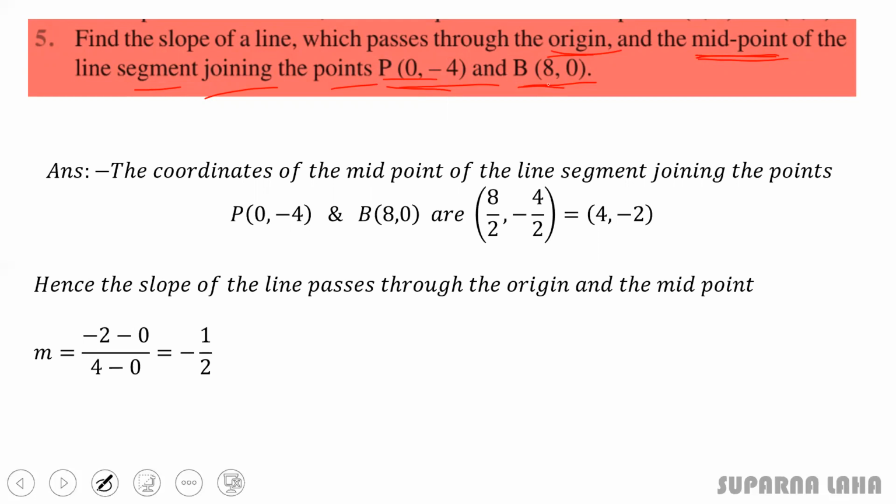So apply the formula: minus 2 minus 0 over 4 minus 0. So that will be minus 1 by 2. So this is the slope of the given line.